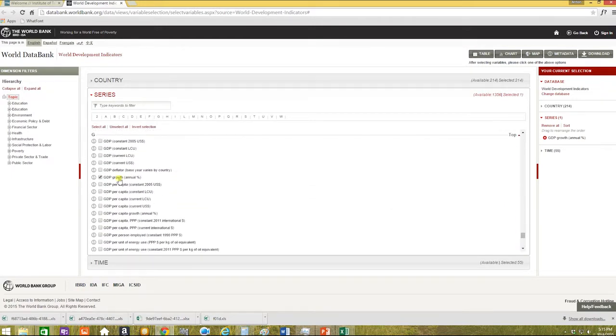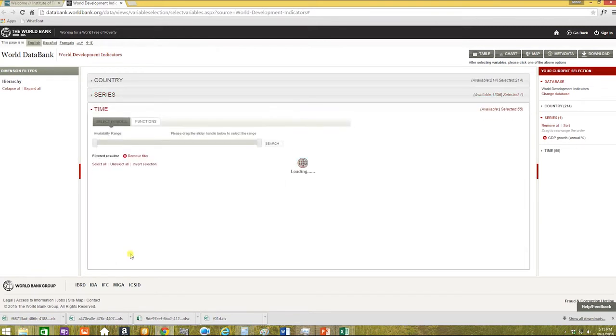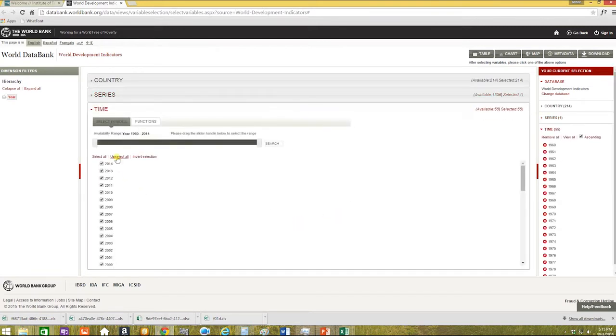and you'll see here that we've actually got GDP growth already checked. When you first go into this, this won't be checked. So click on GDP growth, and then for time, when you first click in, all of these will be unchecked.